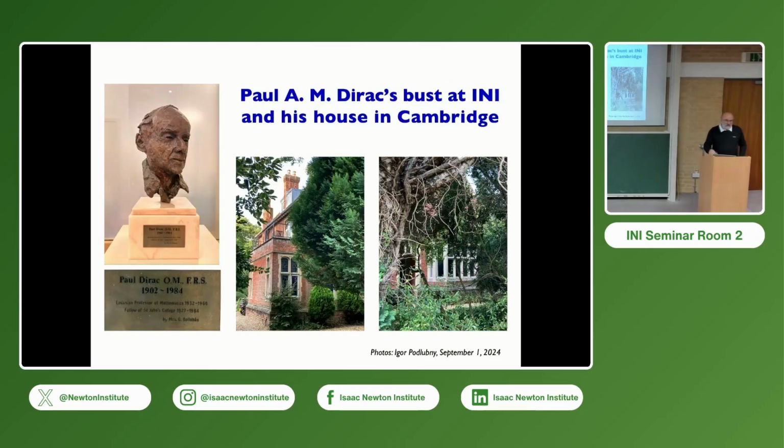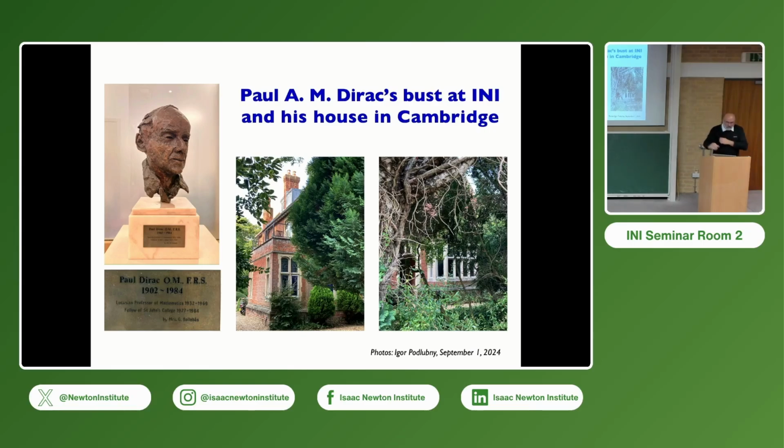After Dirac got the Nobel Prize, he bought a house here in Cambridge. I managed to find that house. This is the picture. People living there don't have any idea what the house is. There is no memorial plate.